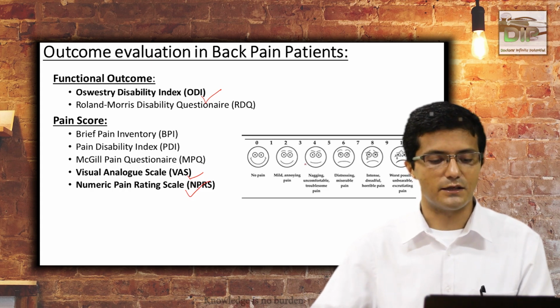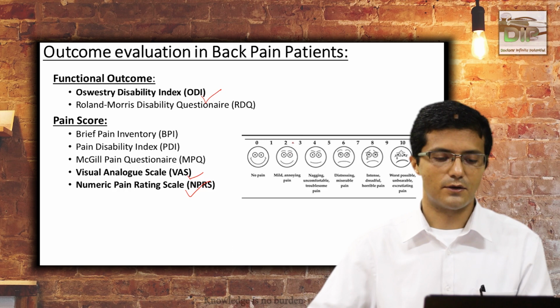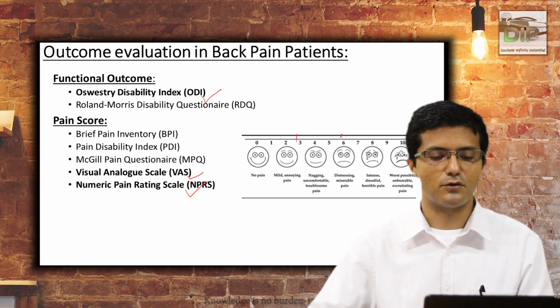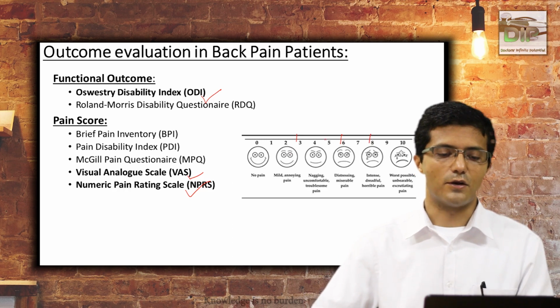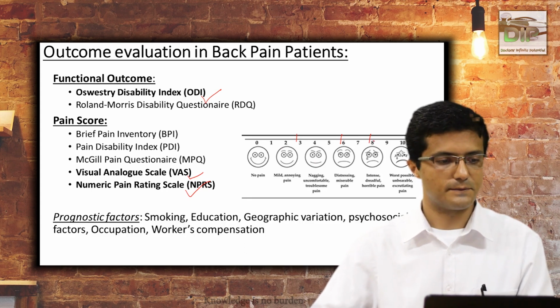So this is the visual analog scale, from a happy face to a very sad face in agony. We can ask the patient to point out which intensity their pain is. So the patient will point to a certain intensity of pain by themselves.